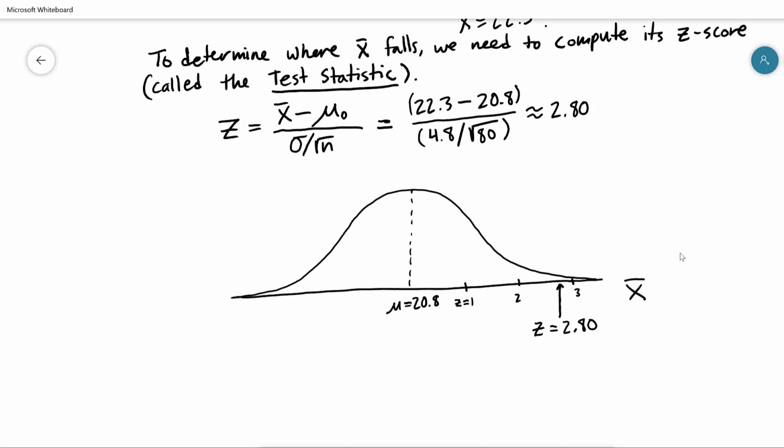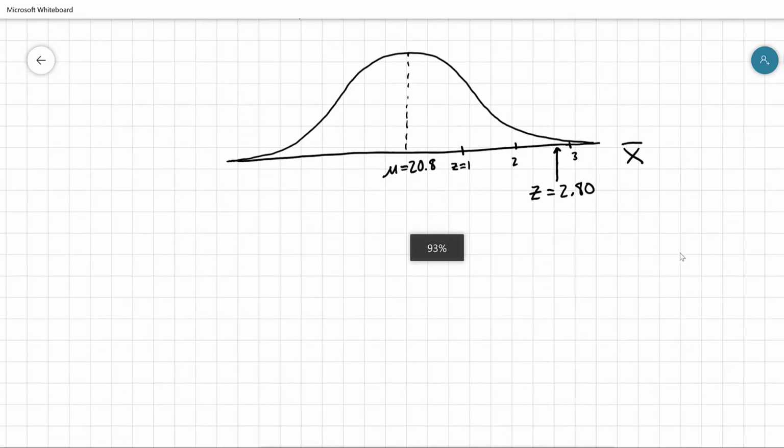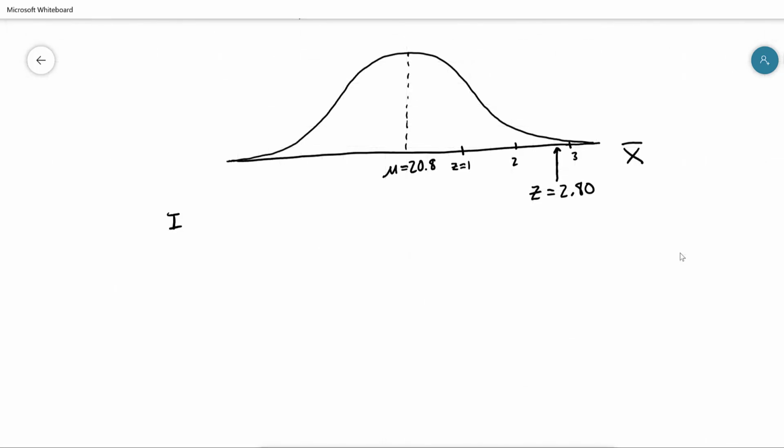So the question is, is this a weird result? Well, we need to quantify what we mean when we say weird. And this is where that idea of the significance level that I mentioned at the beginning of the video comes into play.